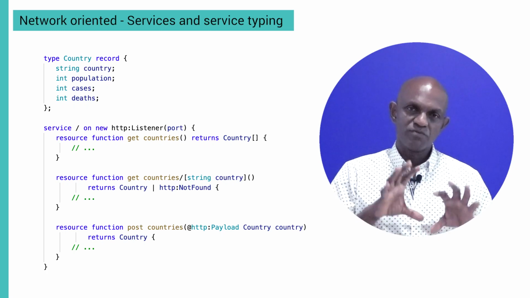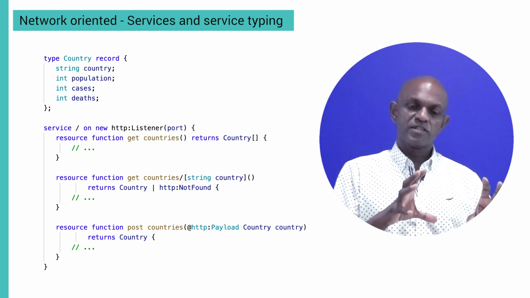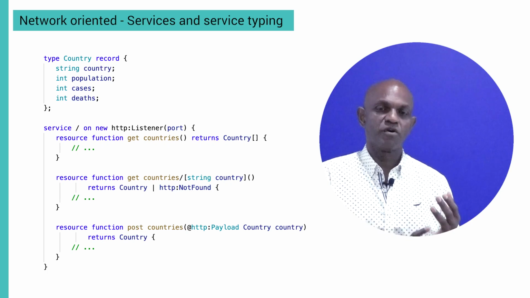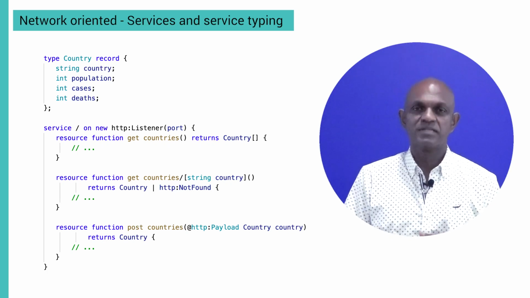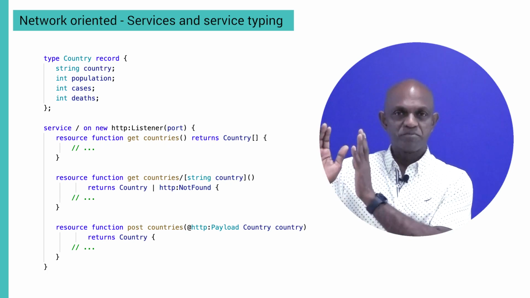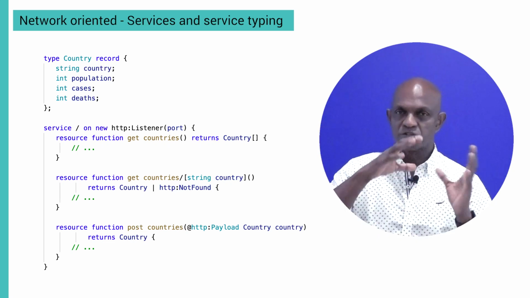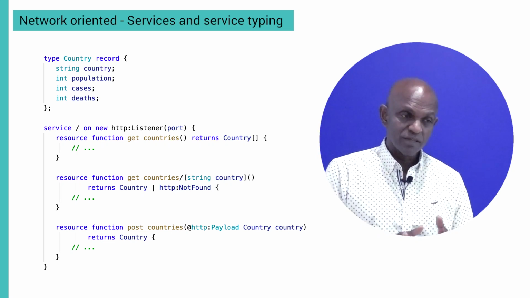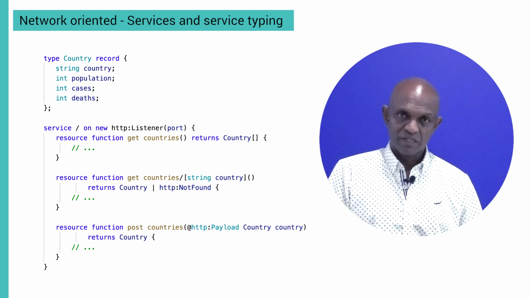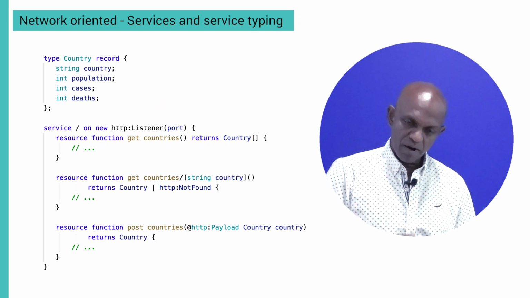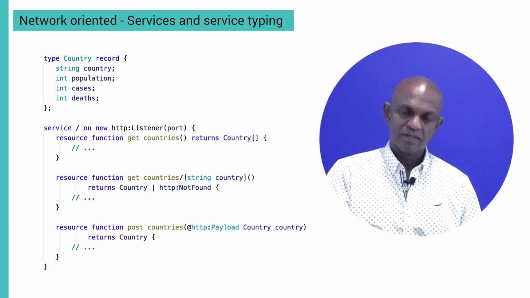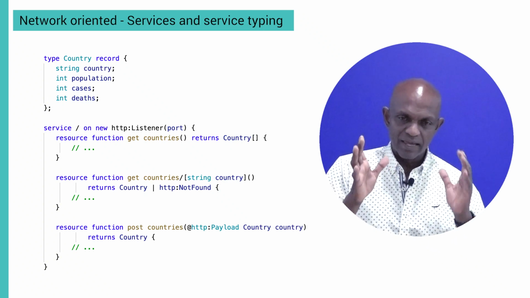So we have a service concept, and then we have specific structures of service concepts for HTTP/REST services, for GraphQL services, for WebSocket services, for gRPC services, messaging services, and so on. For each one of these, we have a defined set of service types. When the programmer writes an HTTP REST service, they think in terms of the HTTP protocol.